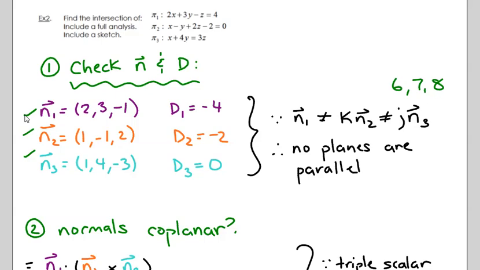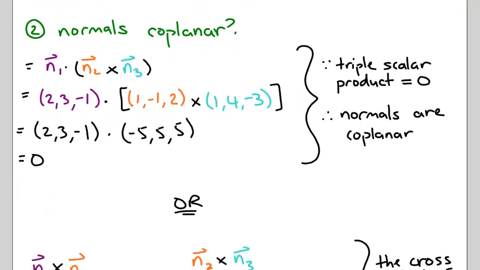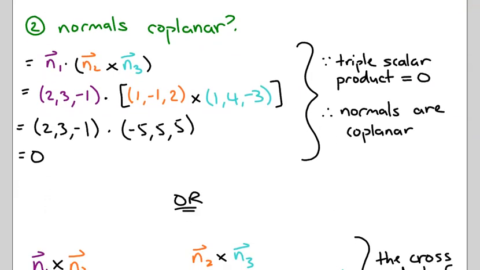I just wanted to see if the coplanar test even worked. We know none of the planes are parallel. And so I decided, you know what, let's just see if the coplanarness works. Because if it does, we have a case of 6 or 7. If it doesn't, then we have a case of 8.